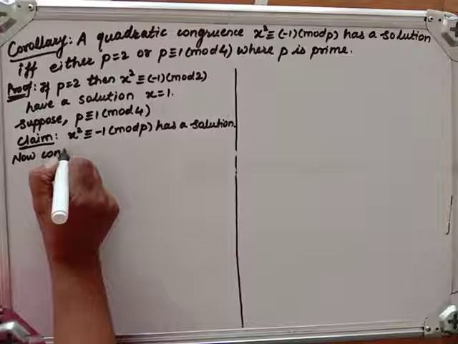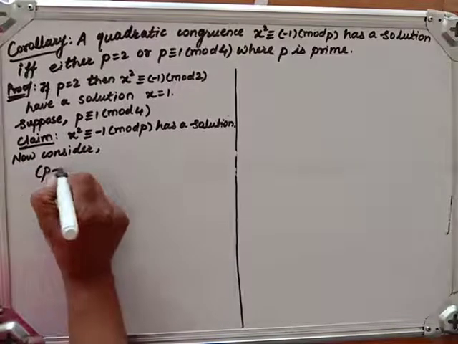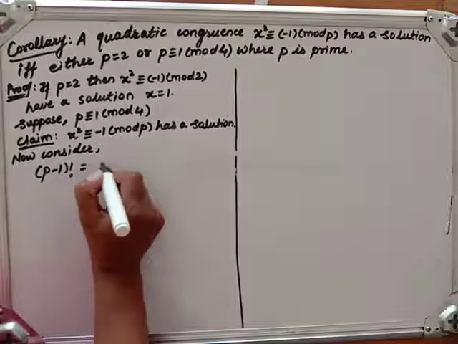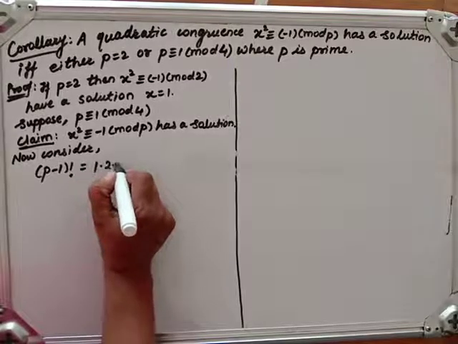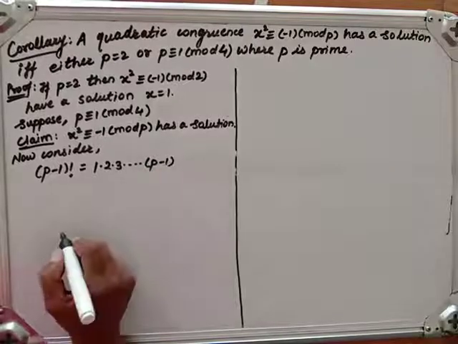Now consider this (p minus 1) factorial. What is (p minus 1) factorial? It is 1 into 2 into 3 and so on up to p minus 1.